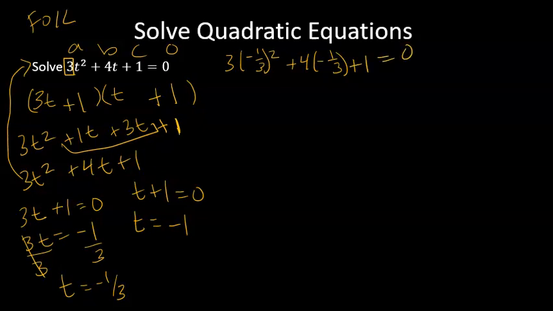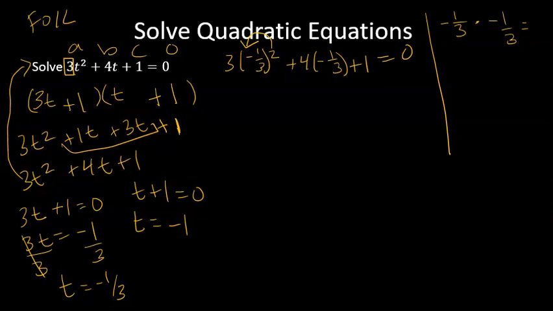Okay, so I have to do this multiplication first. Let's do our little bookkeeping off on the side here. Negative 1 over 3 times negative 1 over 3. What does that give us? Well, we're multiplying. Remember that. We're not adding and we're not subtracting. I have a video on my channel that shows you how to add, subtract, multiply and divide fractions.